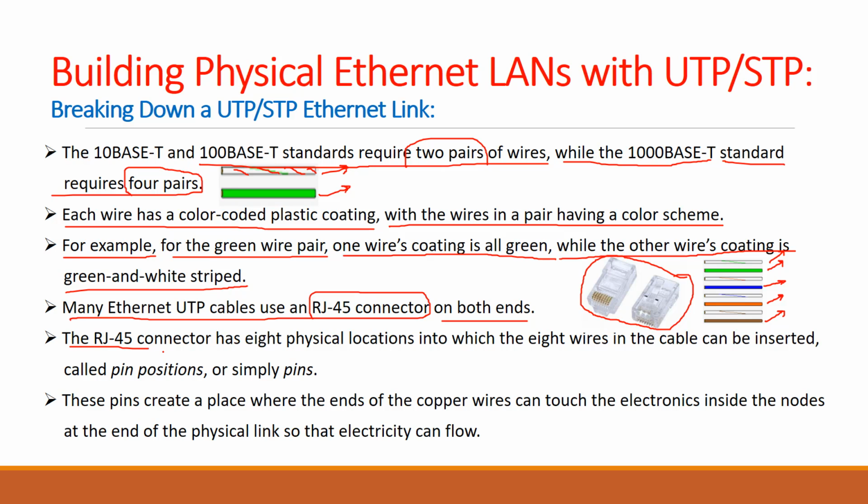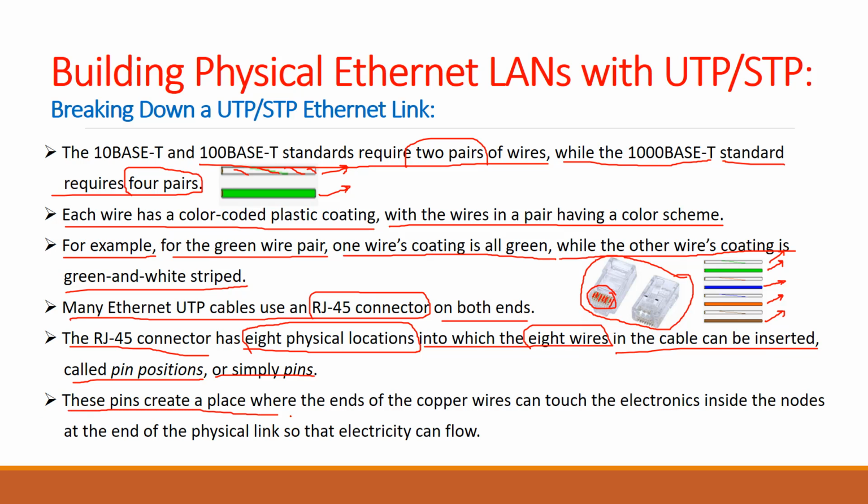The RJ45 connector has 8 physical locations inside: 1, 2, 3, 4, 5, 6, 7, 8, into which the 8 wires, or 4 pairs, in the cable can be inserted, called pin positions, or simply pins. So the RJ45 connector has 8 pins.